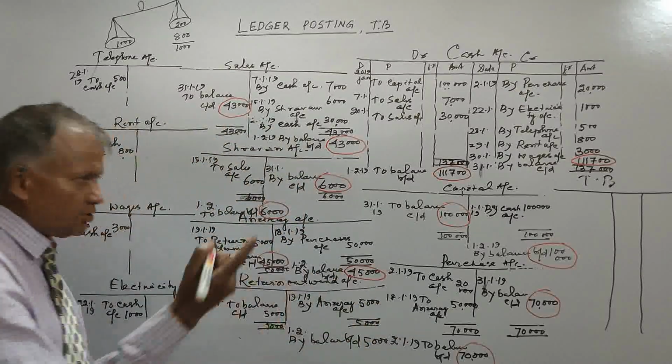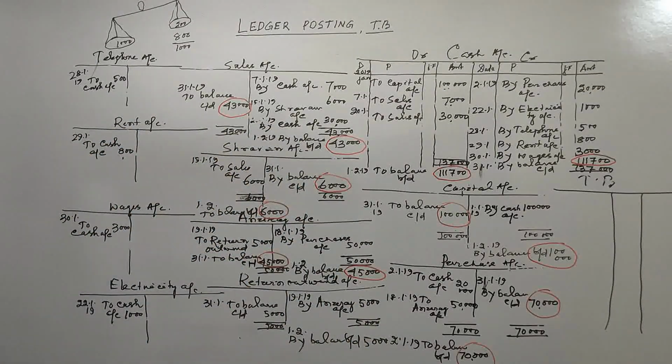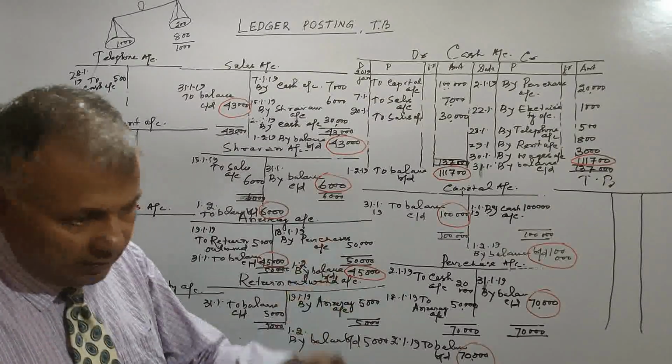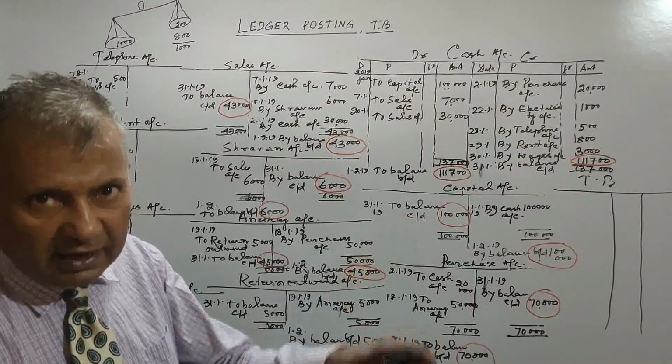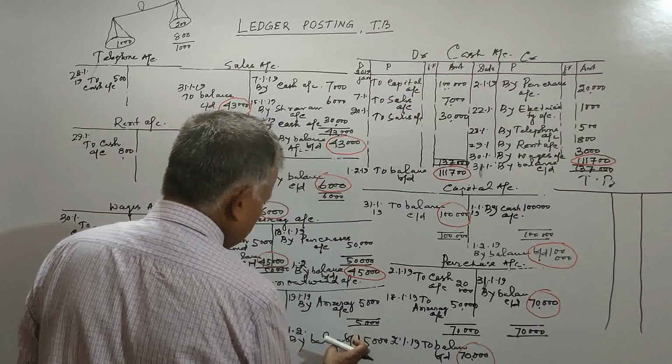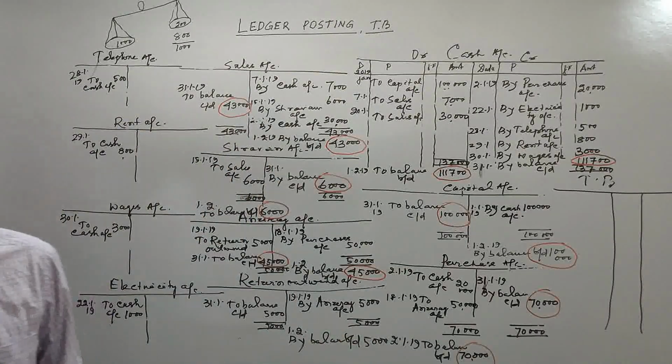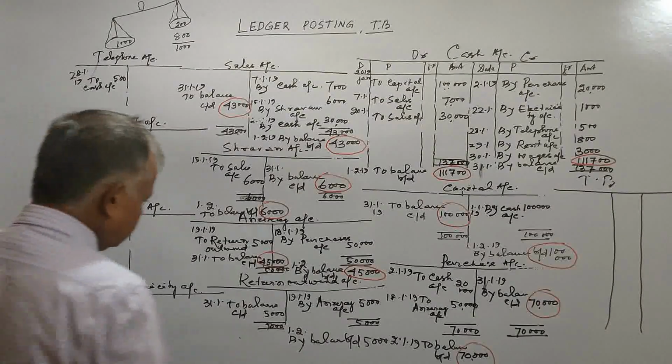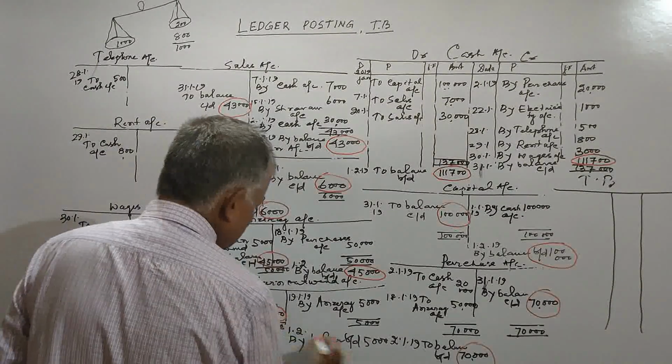See, CD means carried down to the next period, BD means brought down from the last period. So CD, here it is BD. This is balancing.